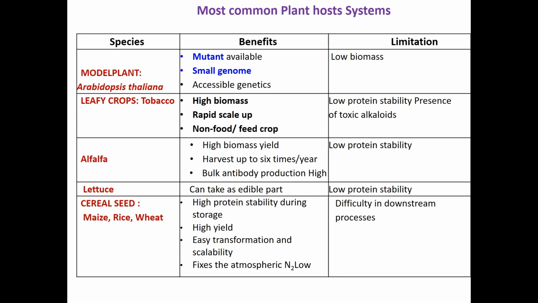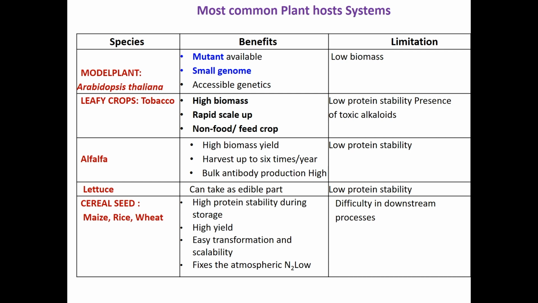The small limitation is the low biomass production capacity of Arabidopsis thaliana. Since the plant is low in biomass production, we need a large area to get high biomass.